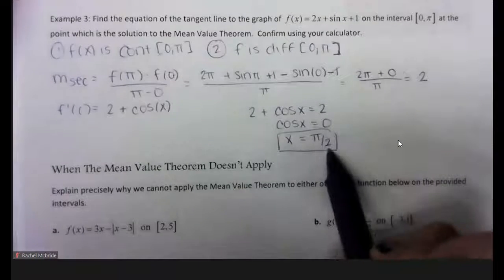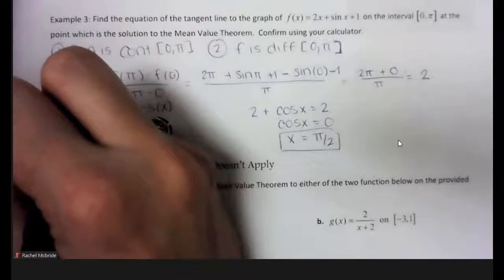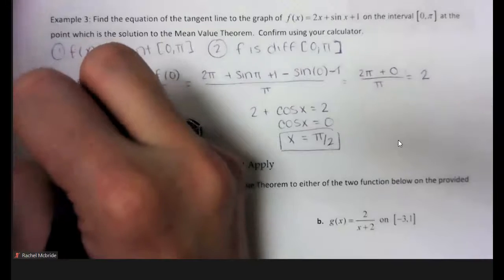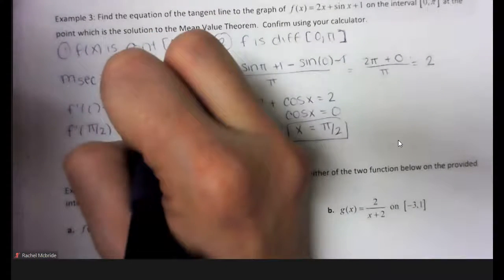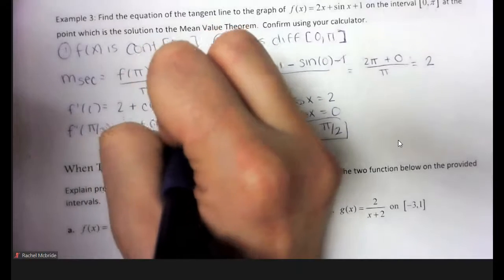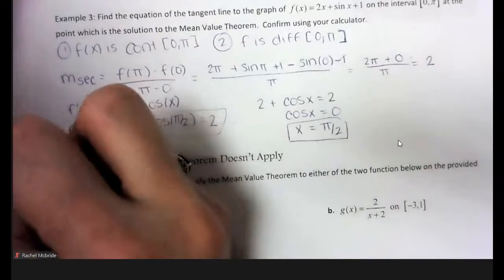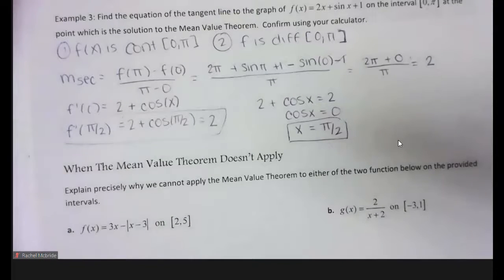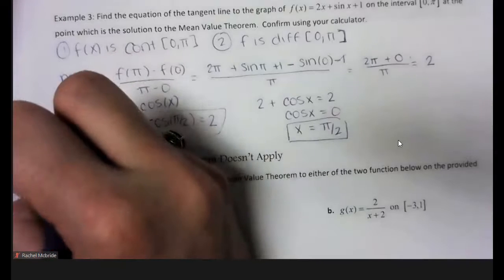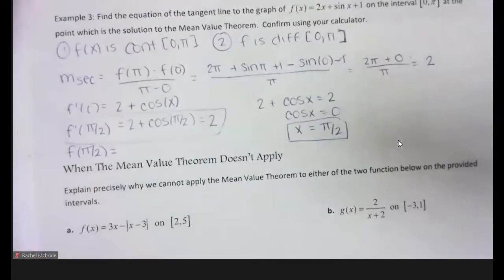So x equals pi over 2 is kind of like my f prime of pi over 2. So the equation of the tangent line would occur at pi over 2.